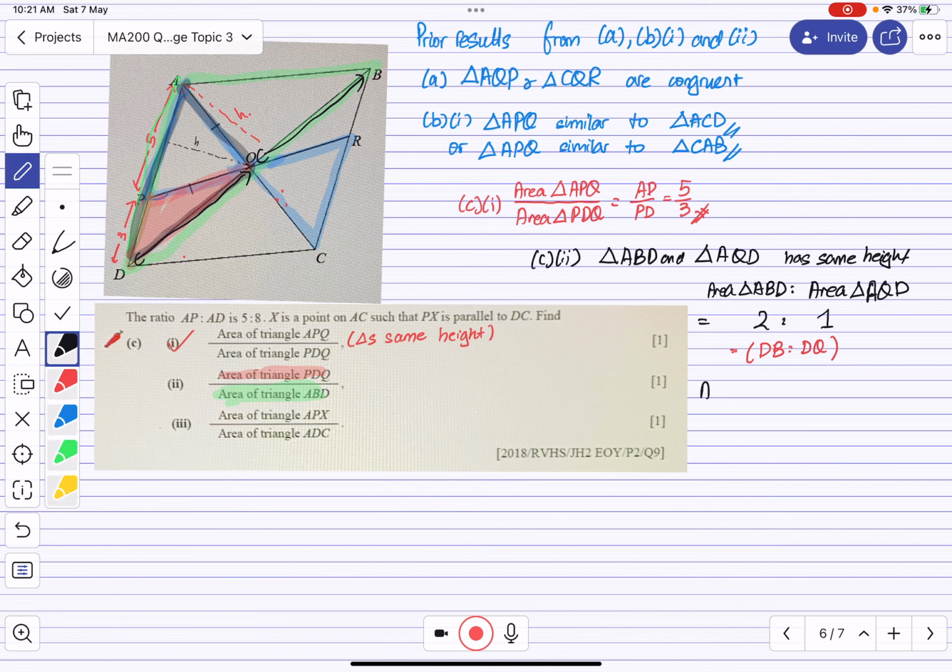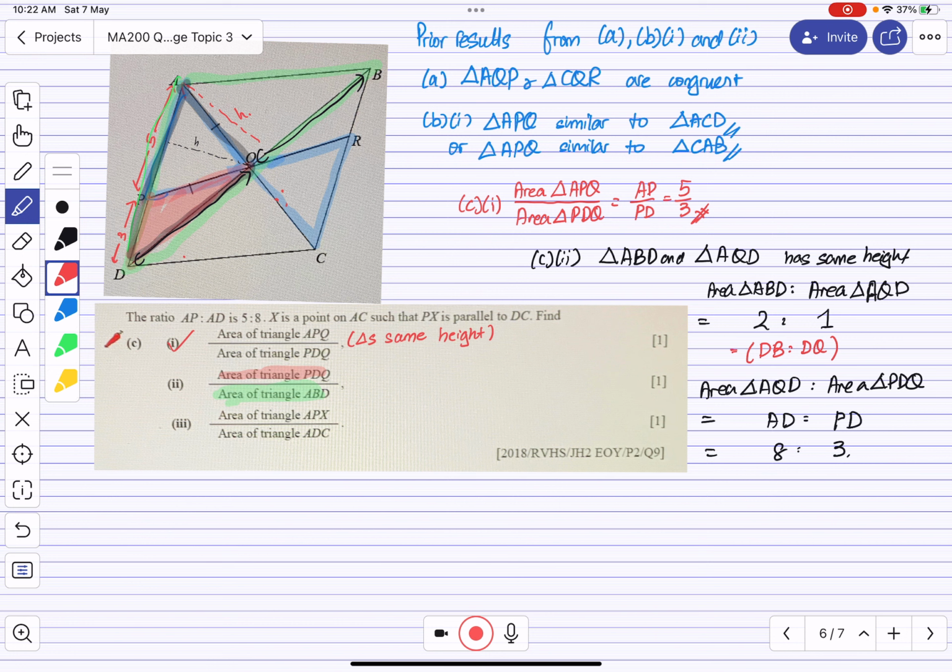So if I look at the area of triangle AQD to the area of triangle PDQ, this is the same as AD is to PD, which is 8:3. So again, you can see that the connecting triangle between both ratios is AQD.